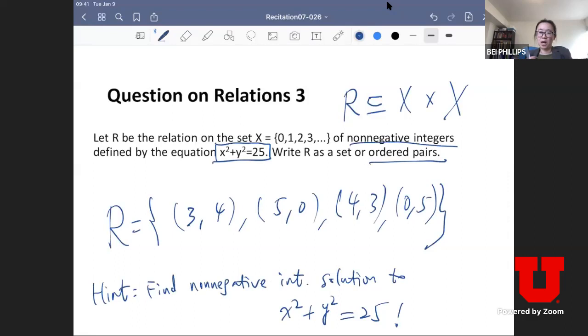So if you look at this problem, the tricky part is that you want to find non-negative integer solutions and you want to be able to permute them. That's why the relation R has 4 pairs versus 2 pairs. And sometimes you might miss the solution 5, 0, because they're non-negative solutions too.